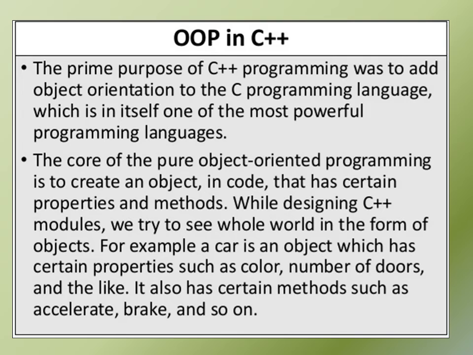The core of pure object-oriented programming is to create an object in code that has certain properties and methods. While designing C++ modules, we try to see the whole world in the form of objects. For example, a car is an object which has certain properties such as color, number of doors and the like. It also has certain methods such as accelerate, brake and so on. So the main purpose of C++ is to add the object.